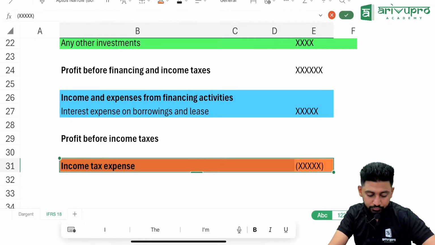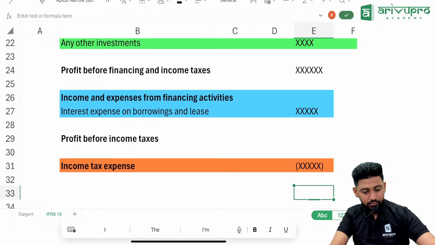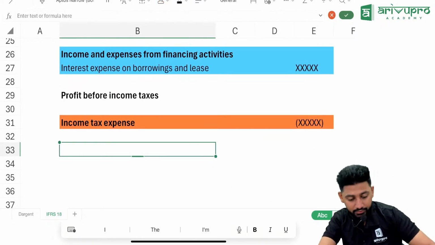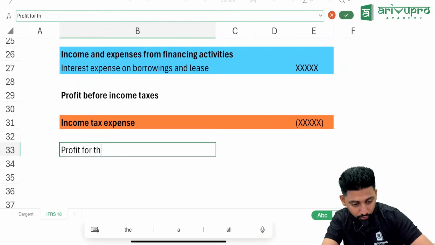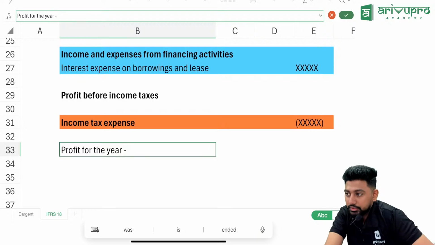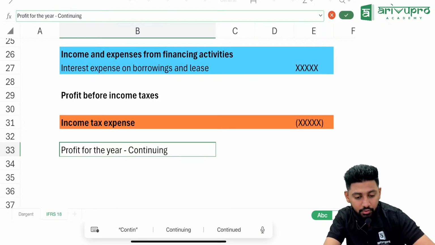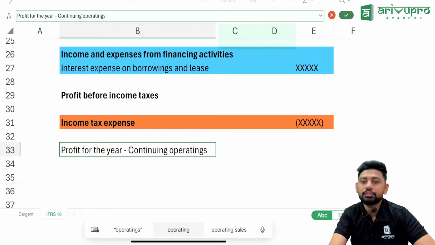There you go. And once I'm done, I will call my heading profit for the year, but this is from continuing operations. We call it continuing operations.